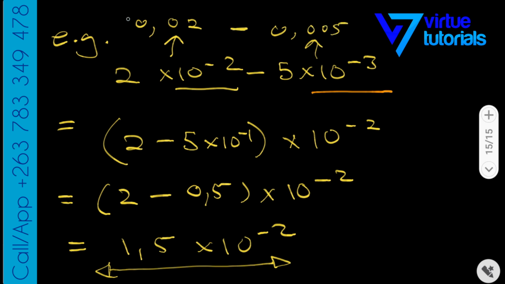Some people would change these and subtract and then get their answer and then convert it to standard form. It's still acceptable. There is trouble, of course, when the powers are bigger, because you have to write a lot of zeros, but it's still acceptable for small powers. It's an acceptable way of adding or subtracting your numbers in standard form, so you can try the questions on addition and subtraction.